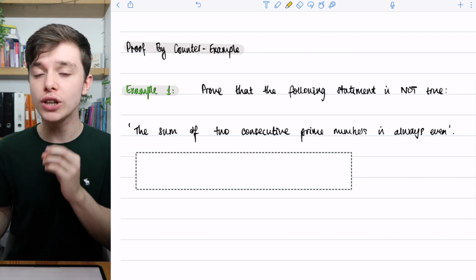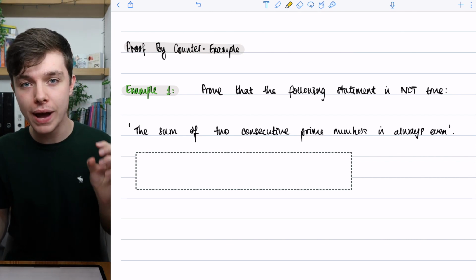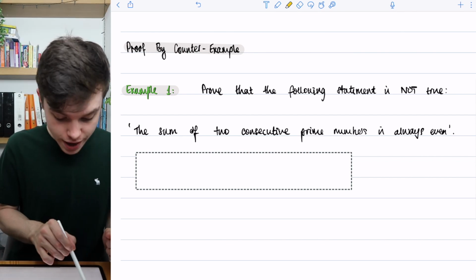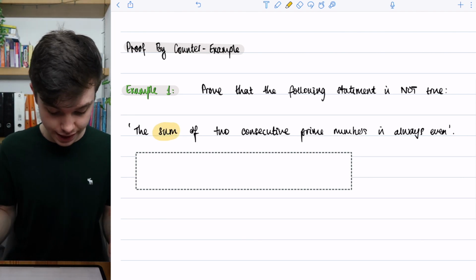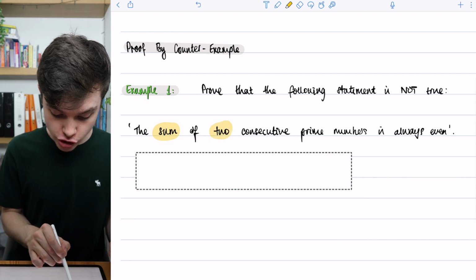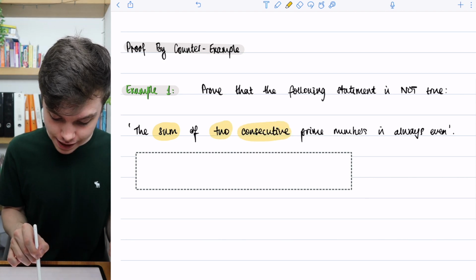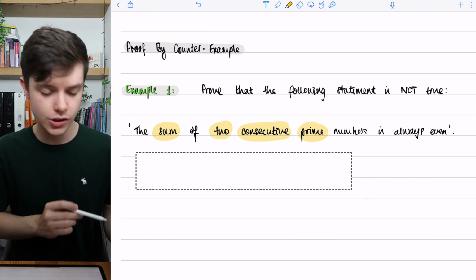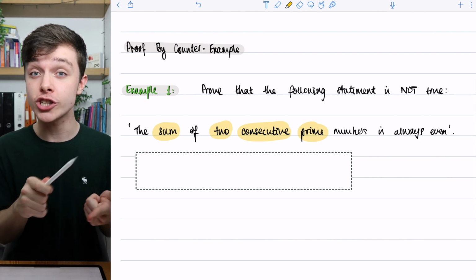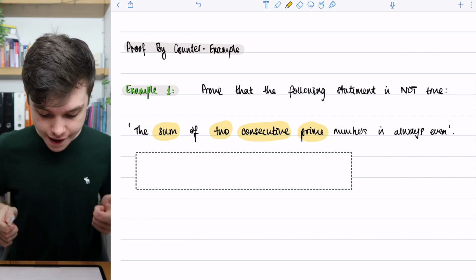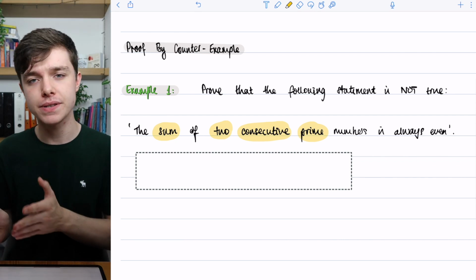Right, it's always useful in a proof to break down what we have going on. So, we have the sum. The sum means addition. Okay, we're going to add two things together. The sum of two consecutive prime numbers. Okay, so we've got a sum, which means addition. We have got two, so we're adding two things together. And then we've got consecutive primes.